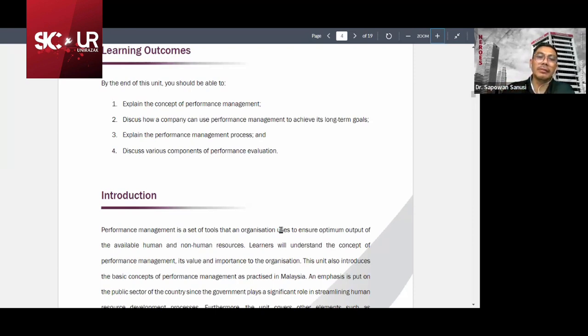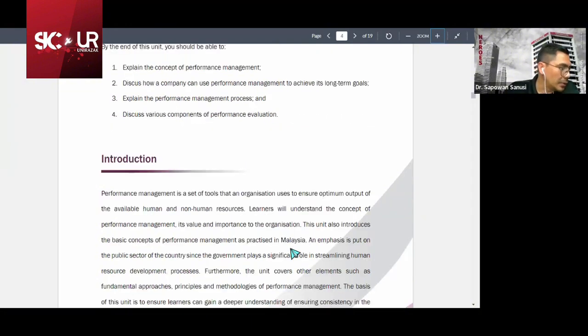When we're talking about performance management, there should be a tool. So what kind of tool? We will see after this. It's very normal: one of the tools of performance management is appraisal.